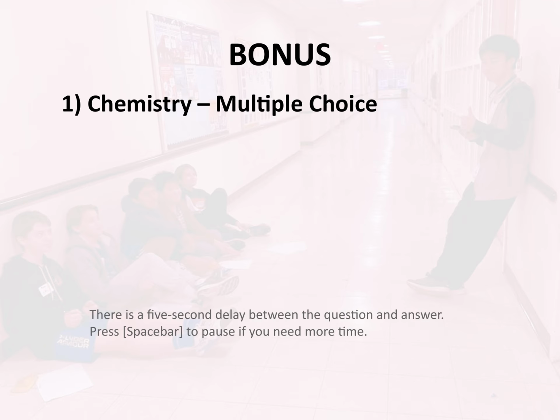Bonus 1. Chemistry, multiple choice. A student isolates a natural product from a tropical frog and takes a proton NMR in deuterated chloroform. They notice that there is a sharp peak at 10.5 parts per million in the compound. This suggests the presence of what functional group?